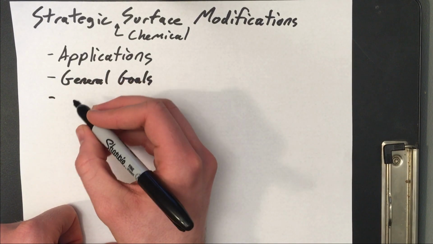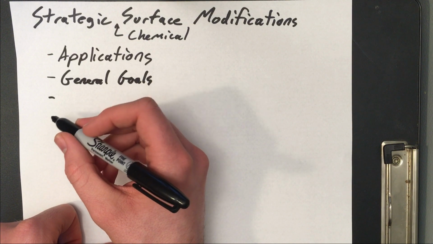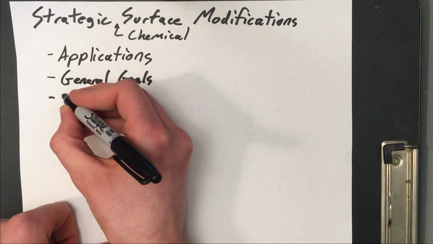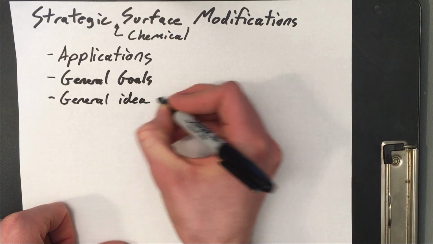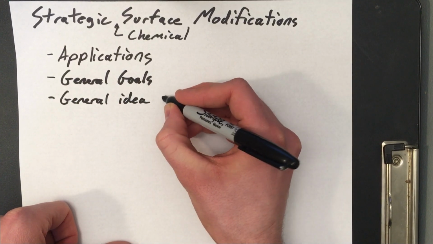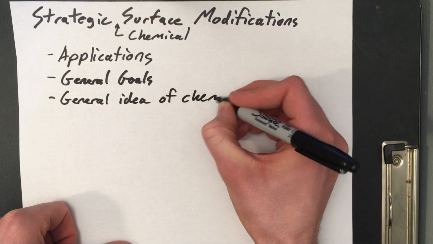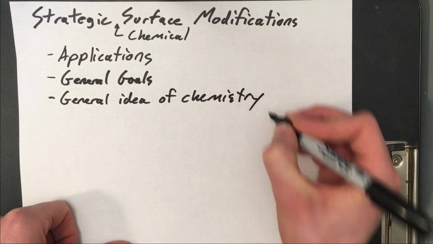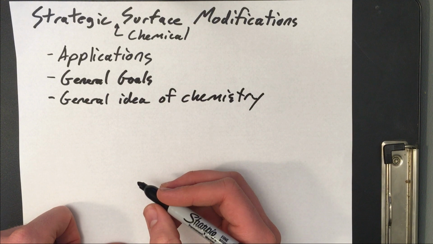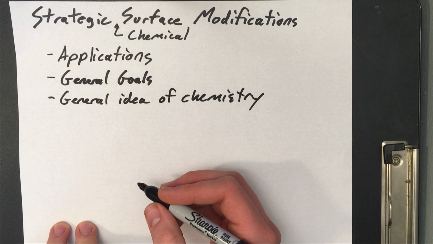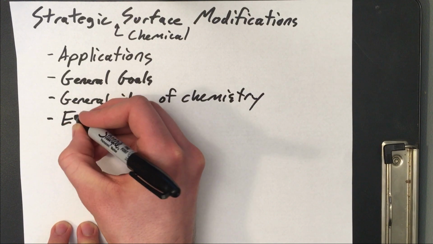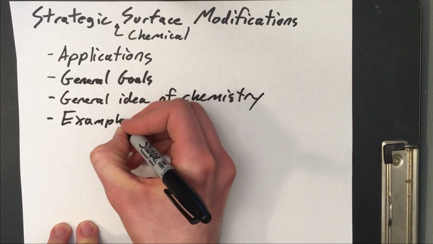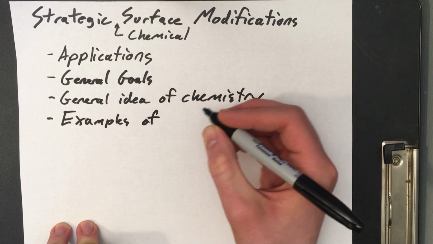Then we're going to talk about examples of the chemistry. We're going to talk about the general idea of the chemistry involved. And then after that, we're going to give particular examples of commonly used functional groups.